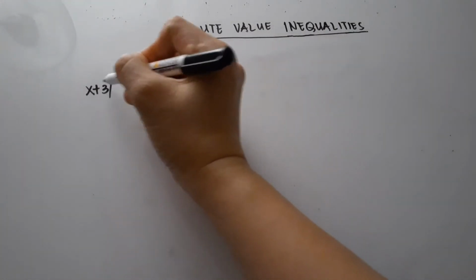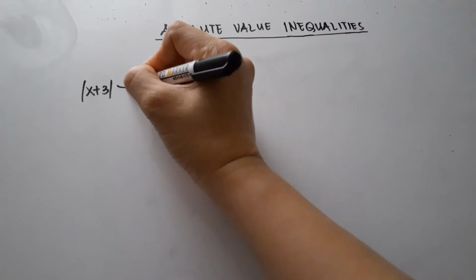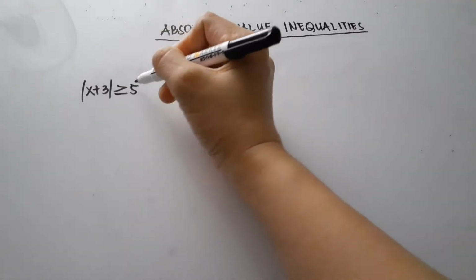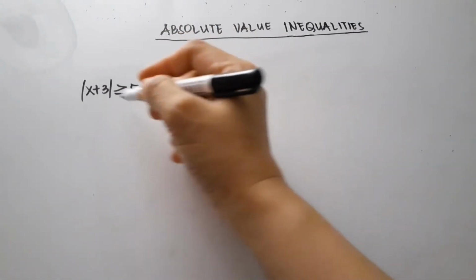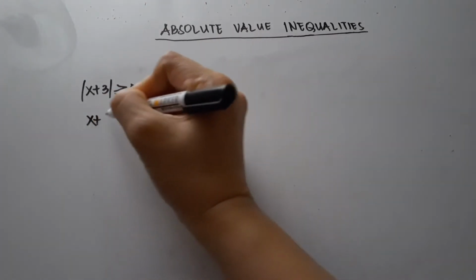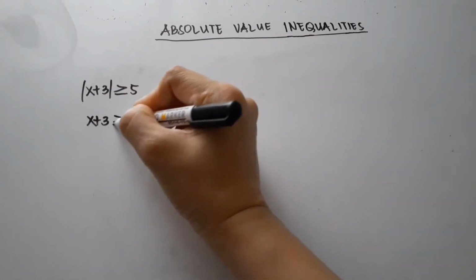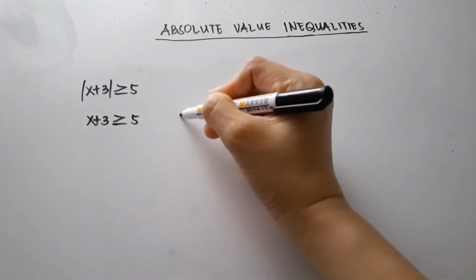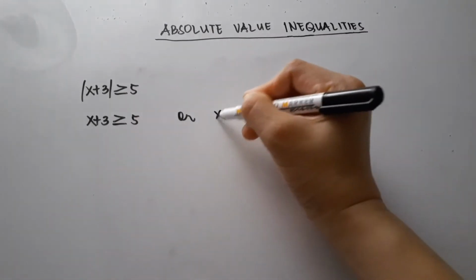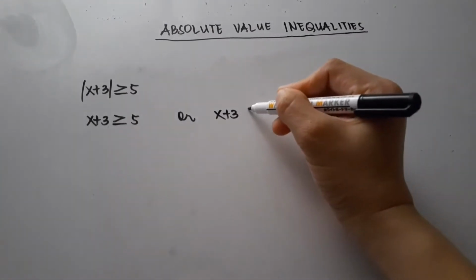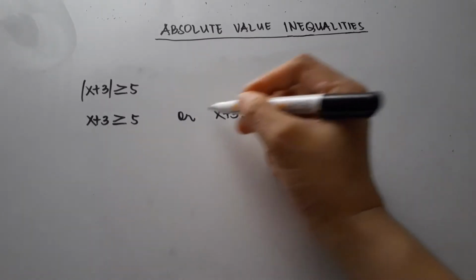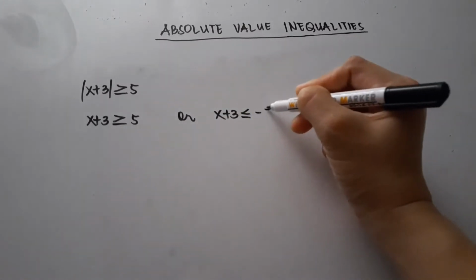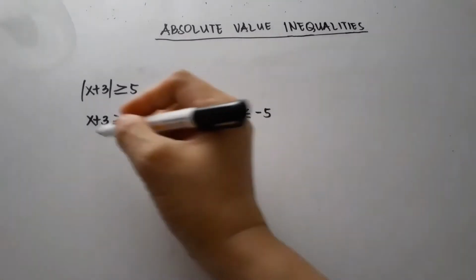Let's say in the equation we have the absolute value of x plus 3 greater than or equal to 5. So we have to solve it by positive or negative. So we have x plus 3 greater than or equal to 5, or x plus 3, changing the direction, less than or equal to negative 5.